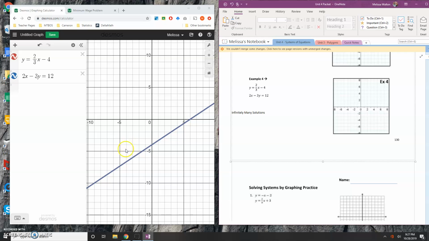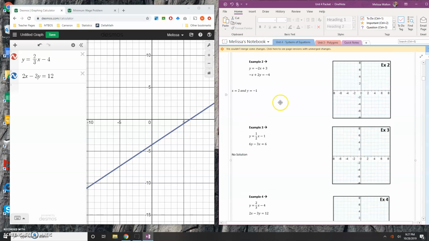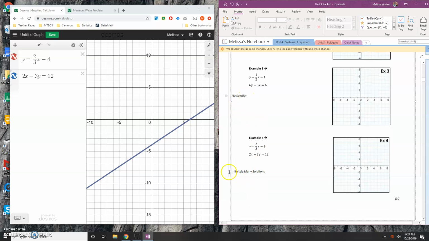That's not a solution. So yes, we have infinitely many solutions, but is it every single number in the universe? No. It's just a small portion of infinity, of the larger infinity. That's a good philosophy question for you today. But here are the different possible scenarios. We could have one solution, we could have no solutions, or we could have infinitely many solutions.